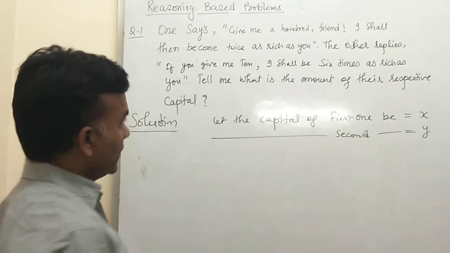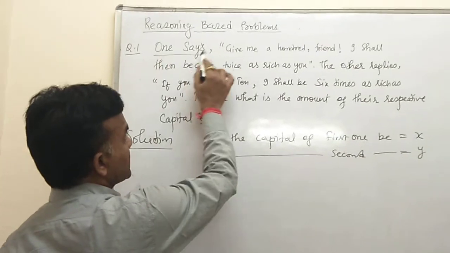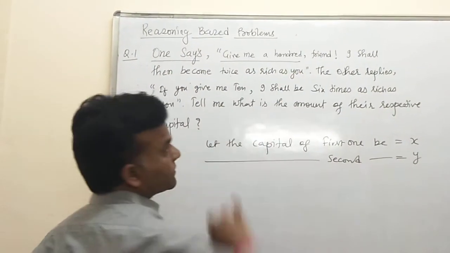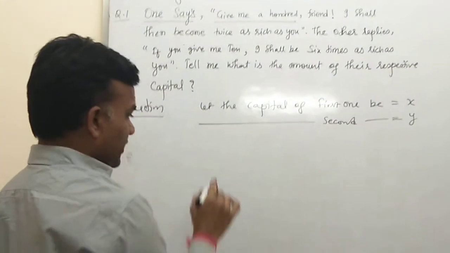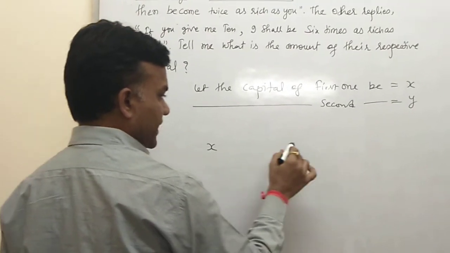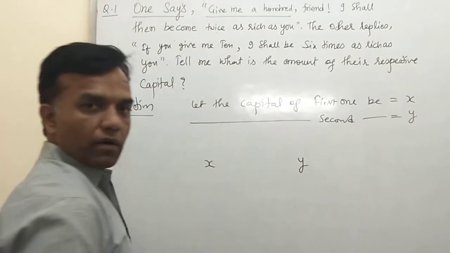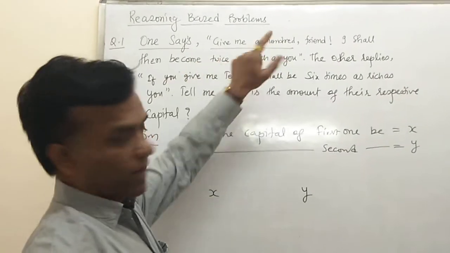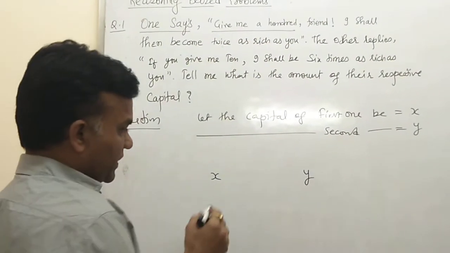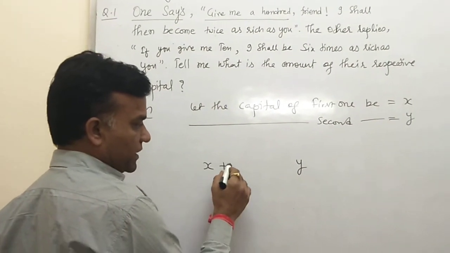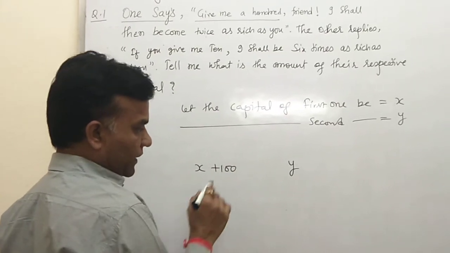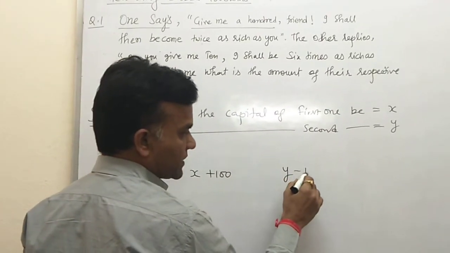Now again read the situation. One says give me 100. So you consider the first one is x and the second one is y. Now again you read, give me 100. It means here you have the 100, so plus 100, and then here minus 100.